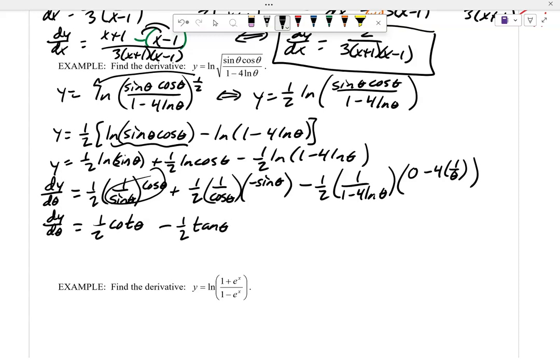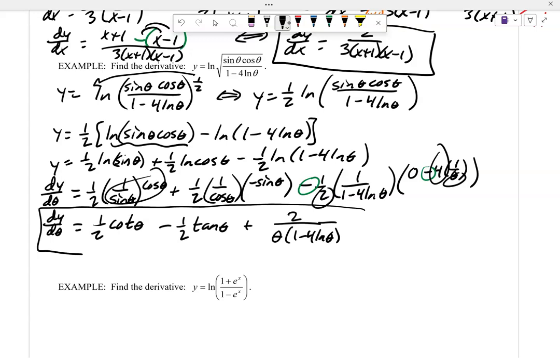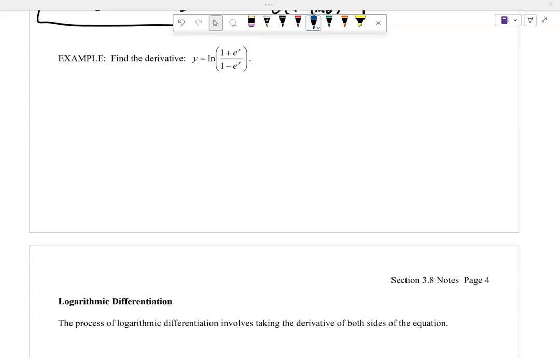And then notice I got negative times that negative, so we got a positive here, plus I got 4 over 2, so I got 2 over theta, and then 1 minus 4 ln of theta, if I clean all that up. There's our dy d theta. Our last example here we're going to use with the log properties quotient rule.